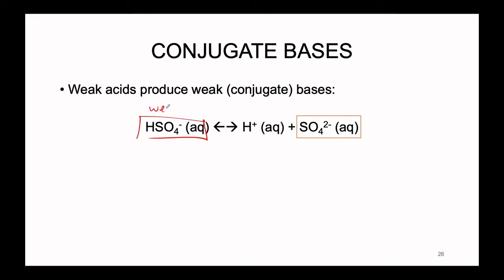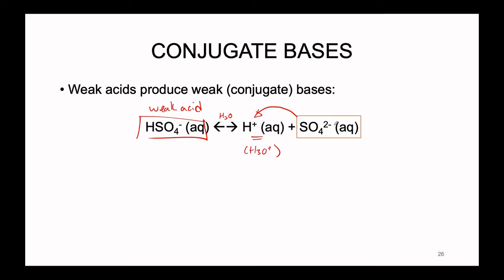In solution, water takes part, accepting an H+ from this weak acid. As the dissociation occurs, we have an H+ in solution, which represents our H3O+ here. And now we have an SO4 2- left over since the hydrogen has moved onto the water.